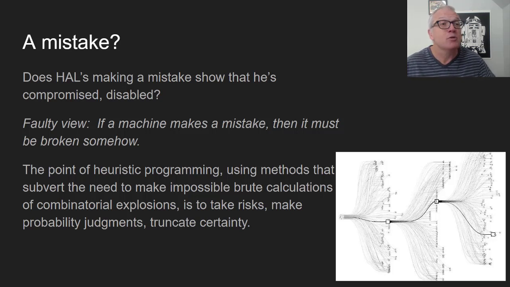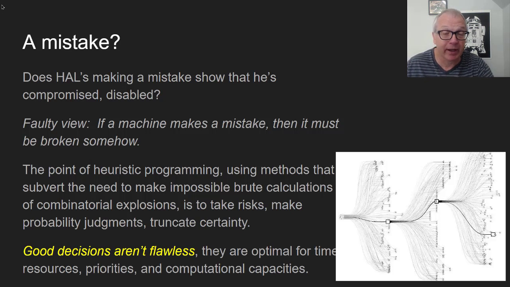You will make mistakes, but that's not a fault and doesn't expose some problem in the machine's operating and doing what it does. So that's another way in which our GOFAI intuitions betray us when we start thinking about what a sufficiently advanced or sophisticated AI system would be like.